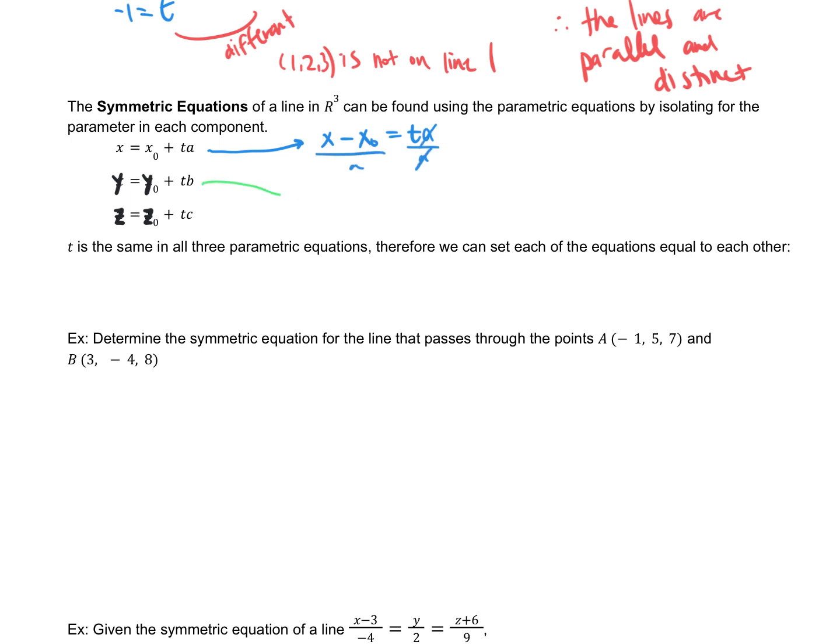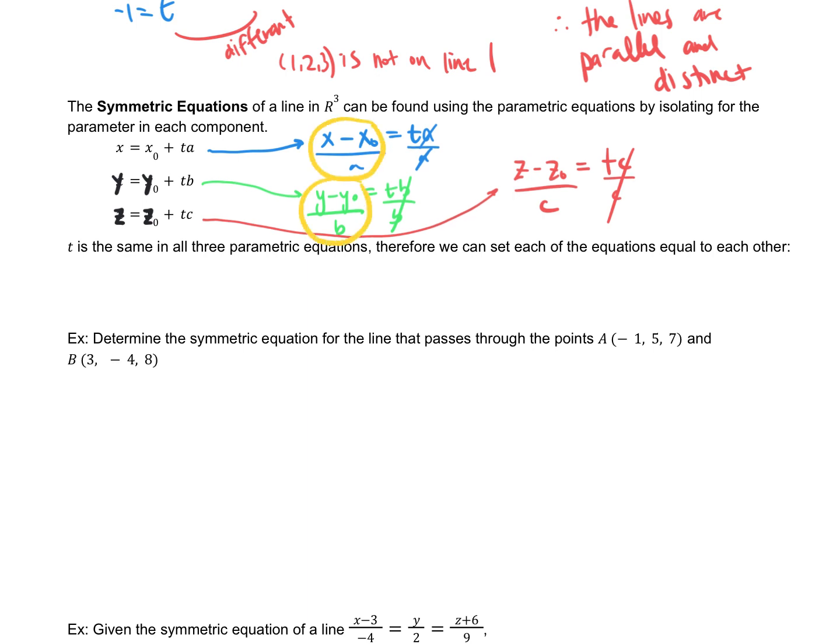Then I'll do the same thing for the y component. So bring y naught over and I'll divide by b. And then same thing for z. Bring z naught over and I'm going to divide by c. And now all of these equations are equal to t. And t is common for any point on that line. So I can just set these fractions equal to each other.